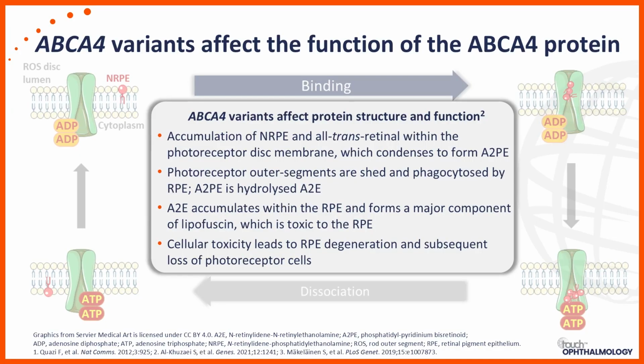When ABCA4 is not functioning well, and it does so to variable extent depending on the sequence variant, this whole process is disrupted, and there is accumulation of byproducts that are toxic to the cell. They're called A2PE, and this accumulation of these toxic products leads to cell death eventually, and to the clinical aspects of the disease.